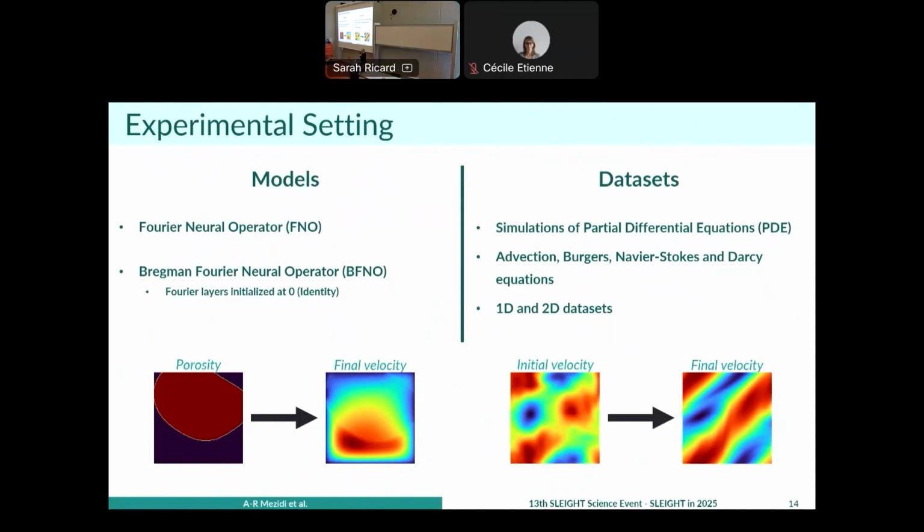We will train our models with different simulations of PDEs, for example, advection, Burgers, Navier-Stokes, and Darcy, both in 1 dimension and 2 dimensions. For the Darcy dataset, we'll try to learn the mapping from the porosity of the material to the velocity field of the fluid. And in Navier-Stokes or Burgers, we'll try to map the velocity at the initial time to the velocity at a future time.